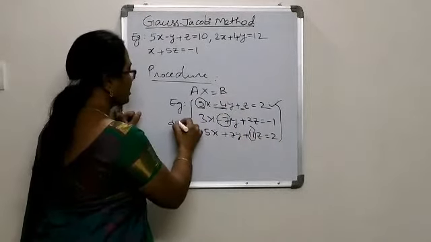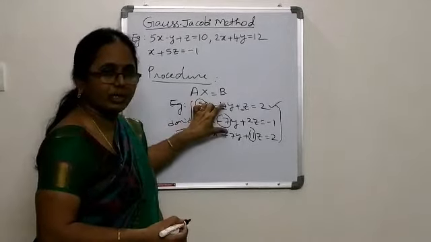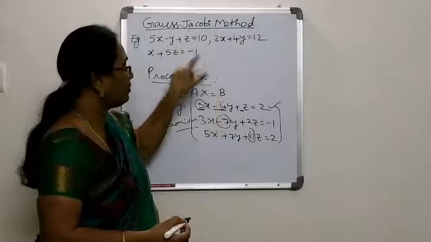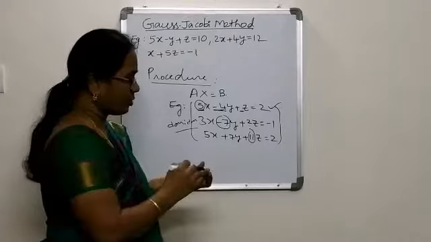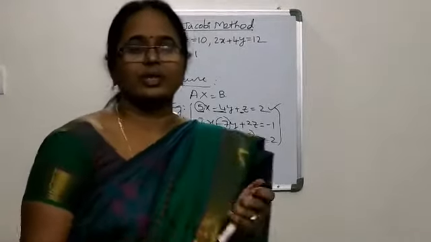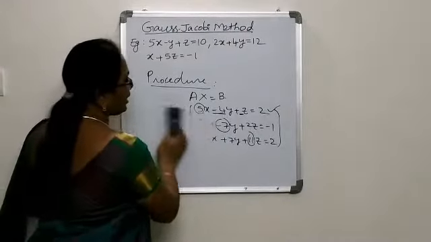Therefore, we say that the system is diagonally dominant. Because it is diagonally dominant, the Jacobi method is applicable to find the solution of this system. Is it clear to all of you how the dominant system can be identified?